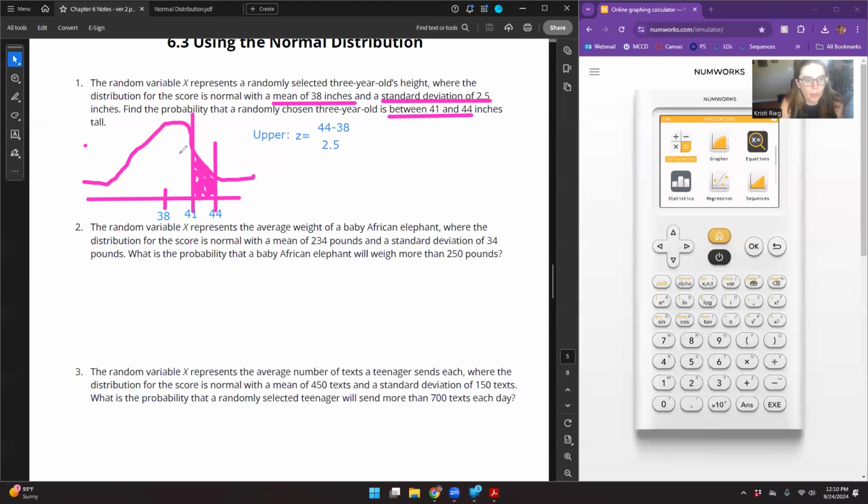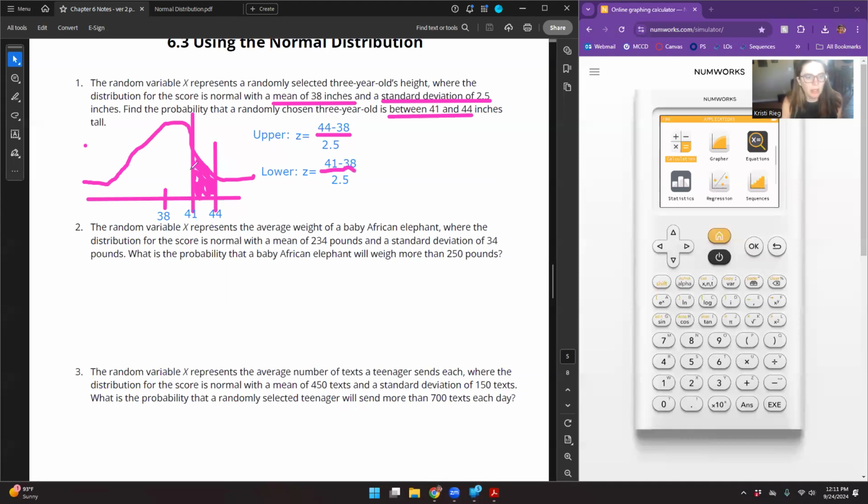And while we're typing, we'll do our lower z, which is going to be 41 minus mu, all over the standard deviation. So we have our two x's here, our upper bound and the lower bound.